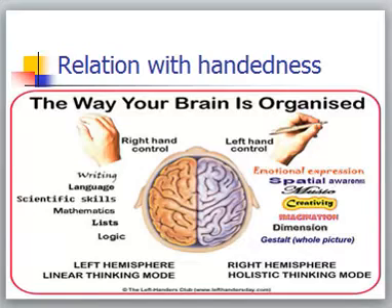In 96% of right-handed individuals, the left hemisphere is the categorical or dominant hemisphere. Only 4% have the right hemisphere as dominant. So for those who write with the right hand, the left hemisphere is the categorical, dominant one.